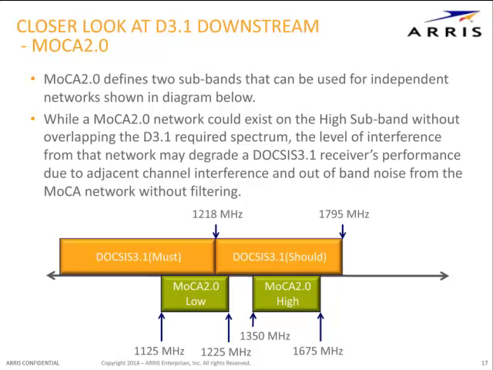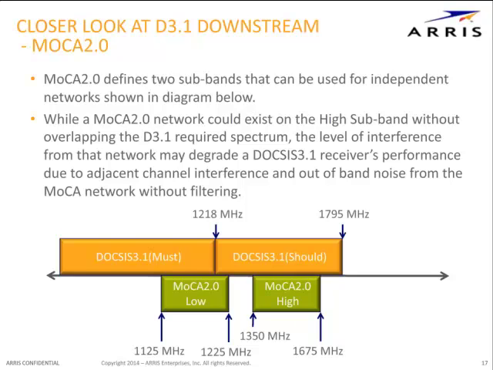But again, the filtering is going to be key here to make sure that the MoCA transmissions, which would effectively look like adjacent channel interference and out-of-band noise, do not cause interference back into the DOCSIS 3.1 receiver.